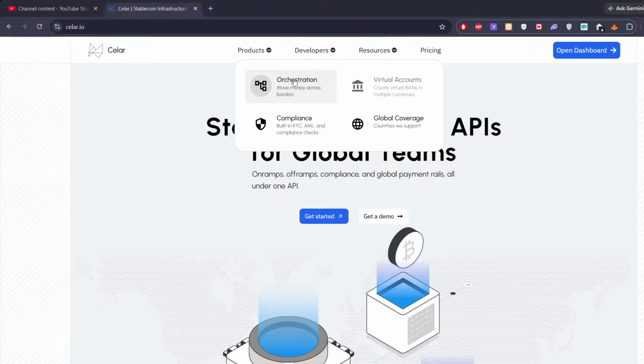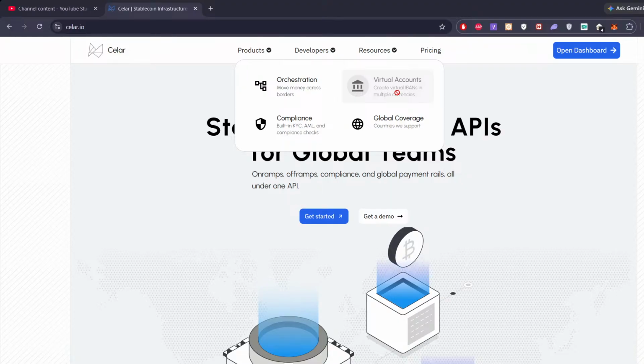On top of that, there's this particular feature that you see is grayed out. I think that is virtual accounts, and I think most businesses that move money across borders understand what this is. These are virtual accounts or IBANs, where you get a virtual account that you can generate via an endpoint, and through it you can receive money.